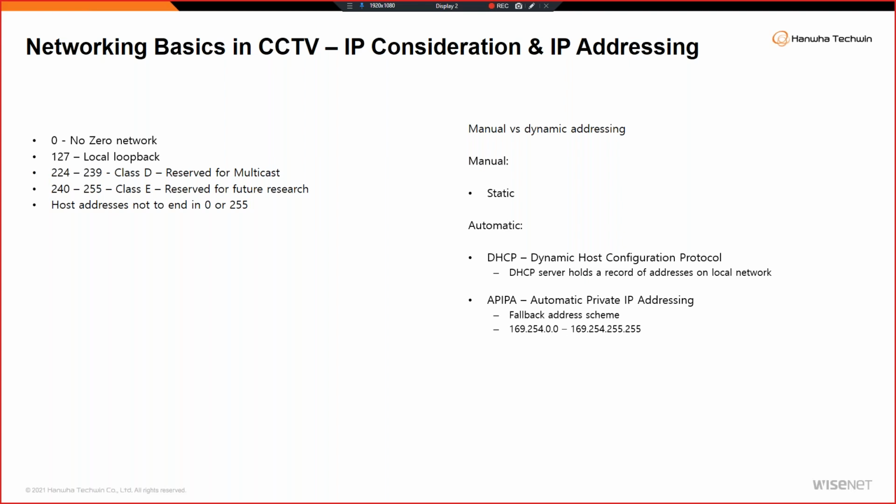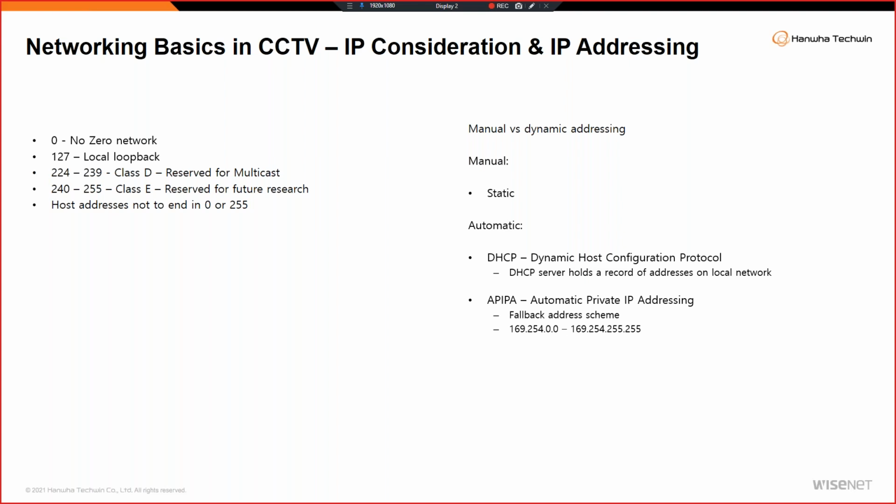Okay, now the challenge in CCTV is we don't use DHCP much because you want to have control what IP the camera is taking, because every time you restart the camera or every time the router restarts, maybe it will give a different IP address.